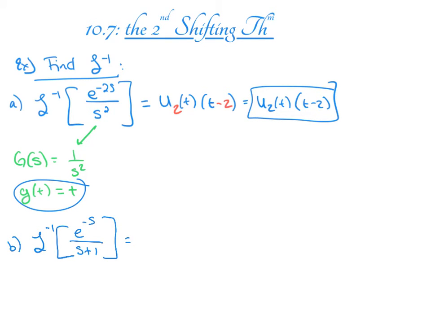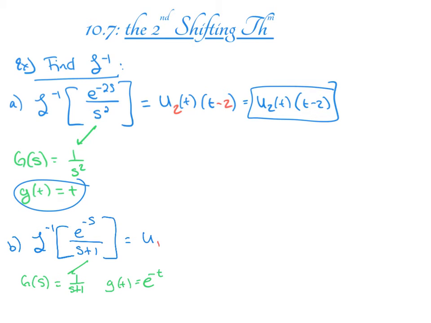Okay, so this will be the unit step function at 1, and let's see, g of s is 1 over s plus 1. That came from a function e to the negative t.